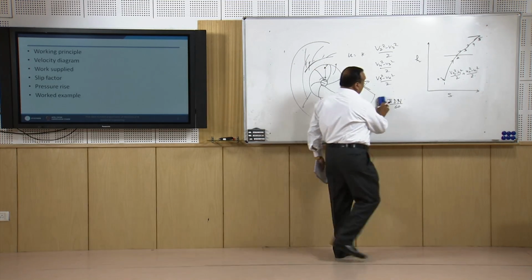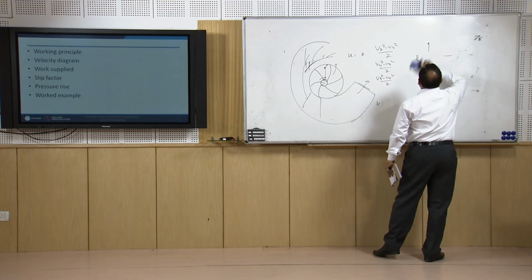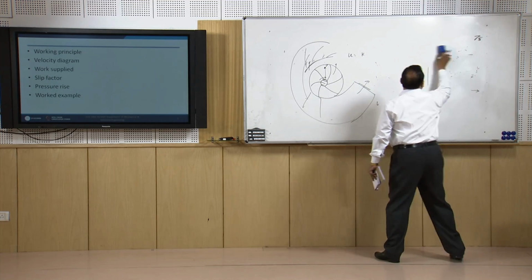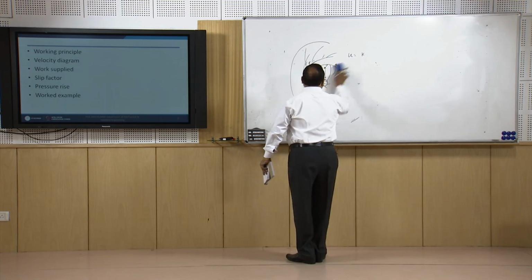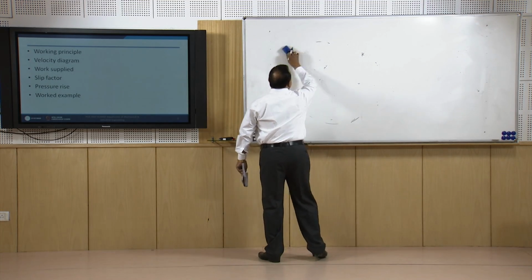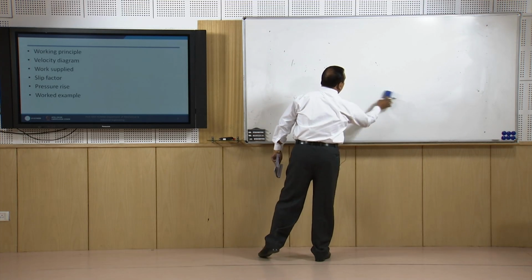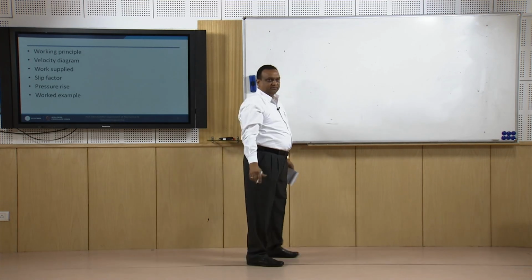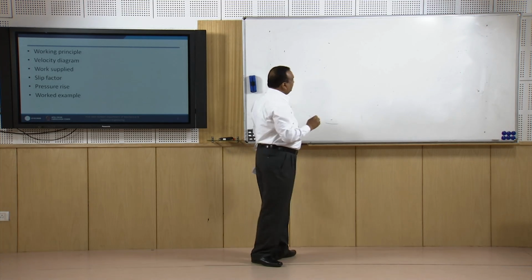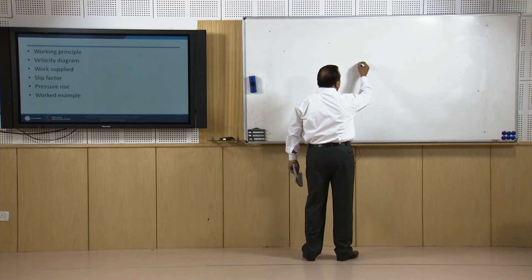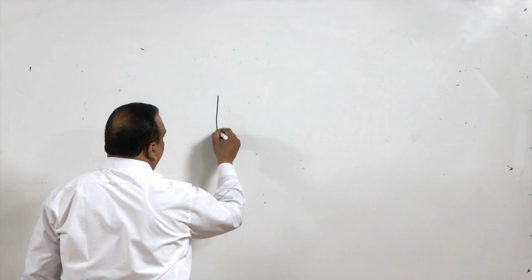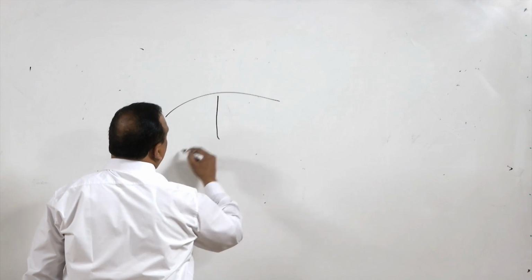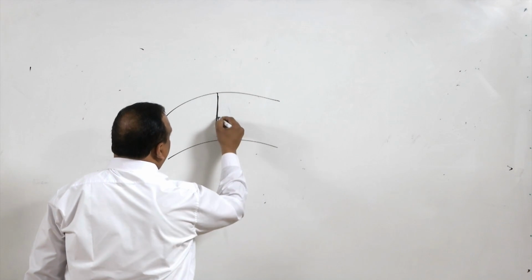Now, work. How much work or power will be consumed in running the compressor? In order to find the energy consumed in running the compressor, we will have to draw the velocity diagram, right. Now, in this velocity diagram, the vanes are radial. This is the easiest one. This is the impeller and the vanes are radial.